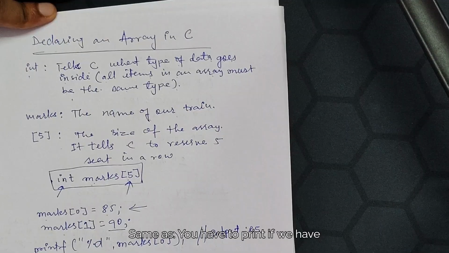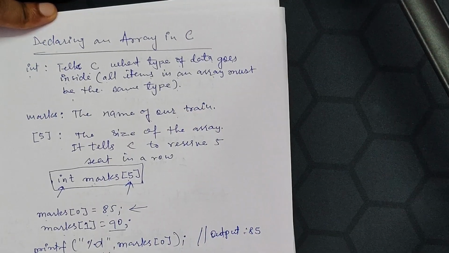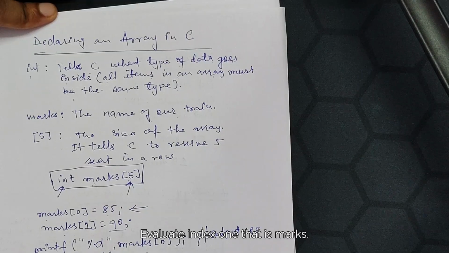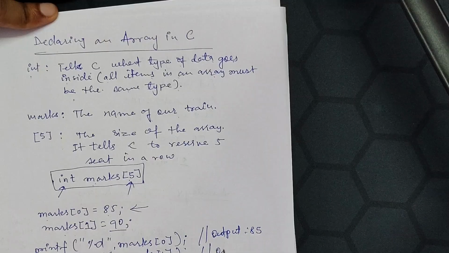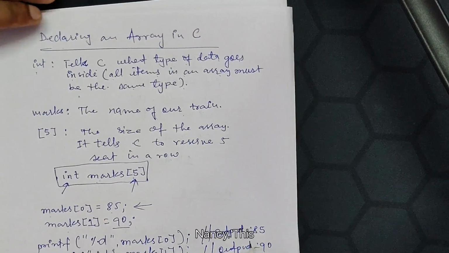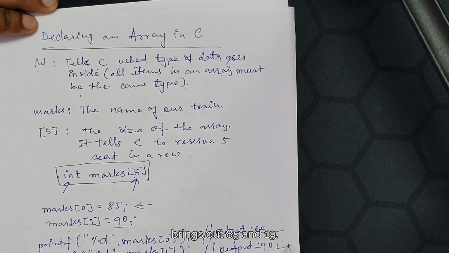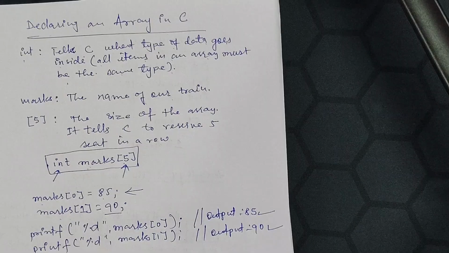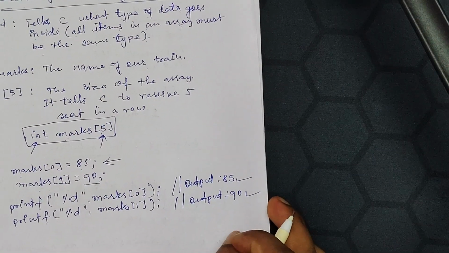Same way, to print the value at index 1, marks[1], the output will be 90. Simple, right? Let's move to the next part.